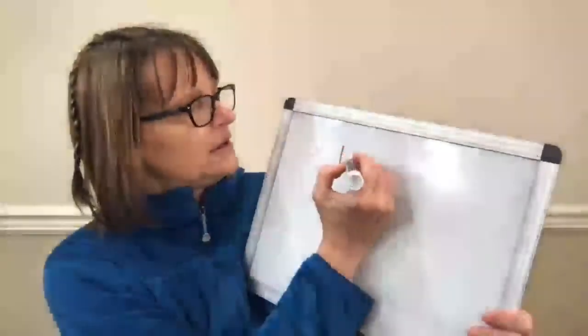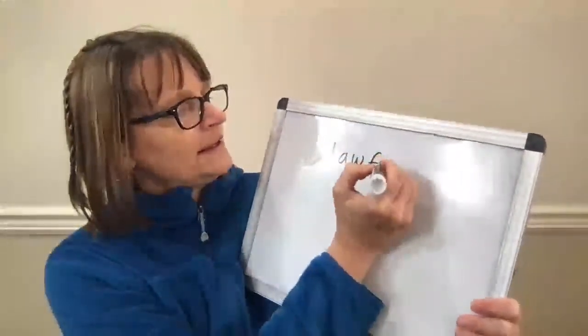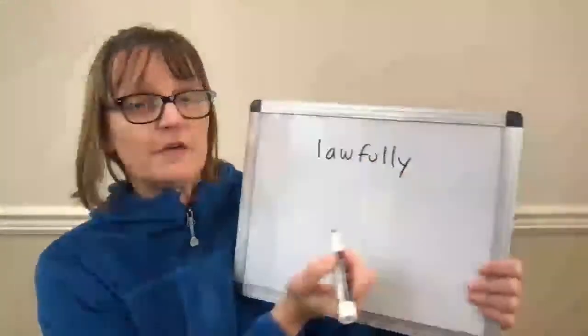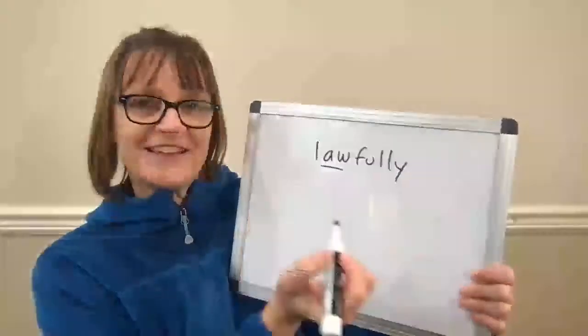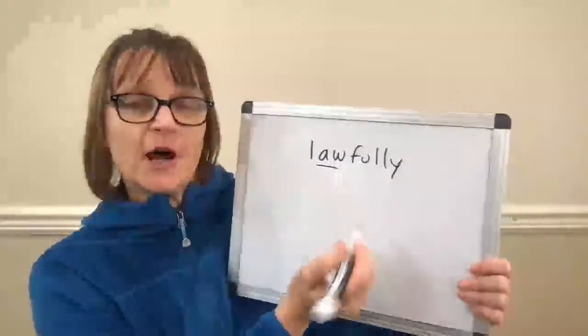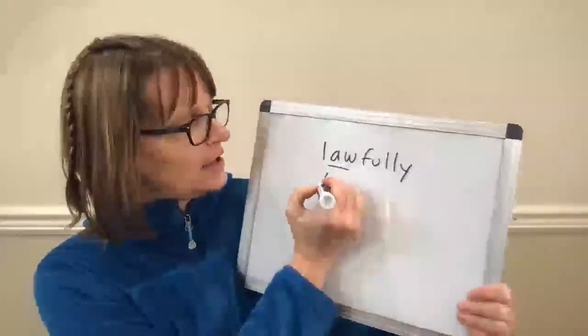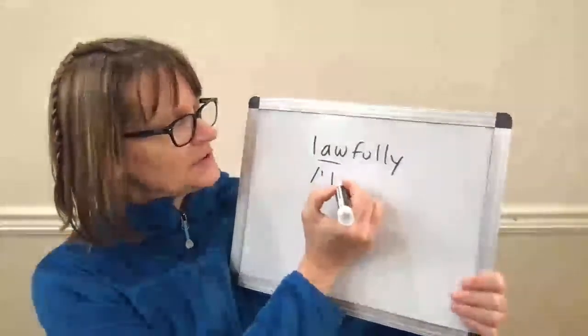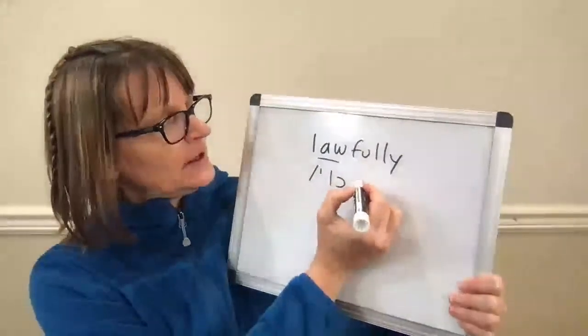So I see we had a question even before we started for the word lawfully. Let's look at that. So in lawfully, we have first syllable stress. This letter A says the aw vowel, which we often spell like AW, like in law. So you see the stress symbol, you'll see the aw symbol.